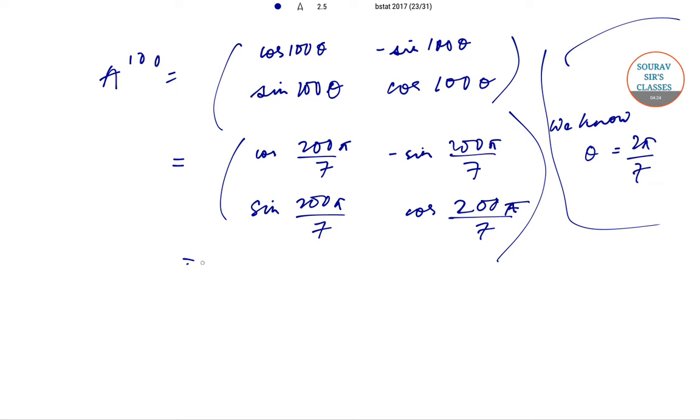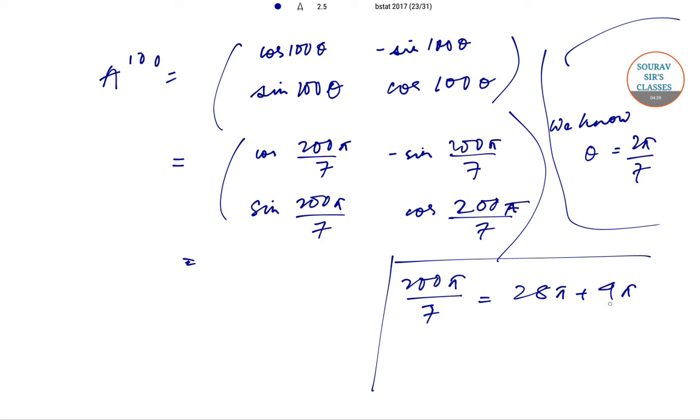So now if we try to break it down, let us ignore this portion and try to break down 200 pi by 7. 200 pi by 7, if we break down, this will give us 28 pi plus 4 pi by 7. Now 2 theta is equal to 2 pi by 7, so 4 pi by 7 will be equal to 2 theta.